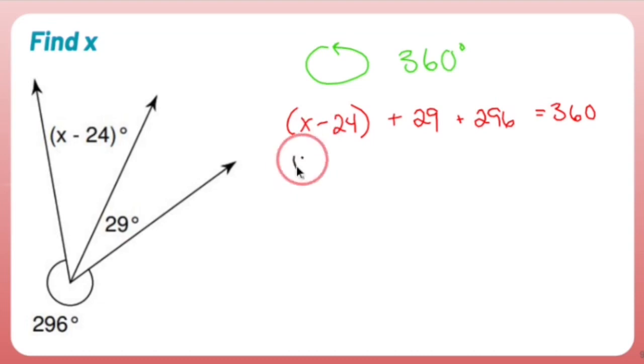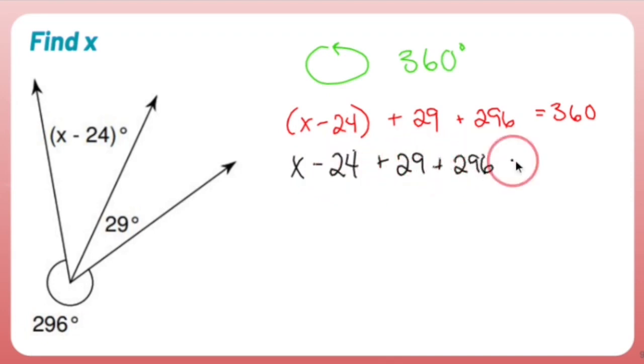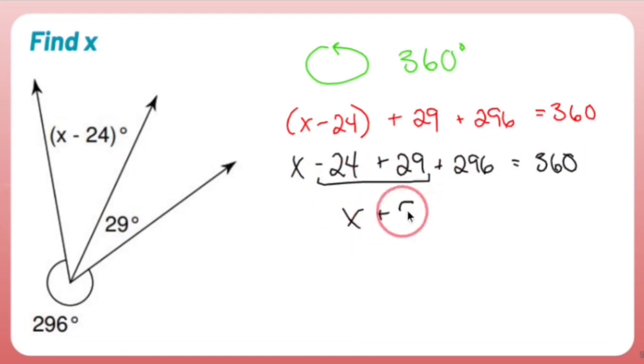So let's get rid of the parentheses, don't need them. X minus 24 plus 29 plus 296 equals 360. Negative 24 and 29 make 5. So plus 296 comes along for the ride. 360 comes along for the ride.